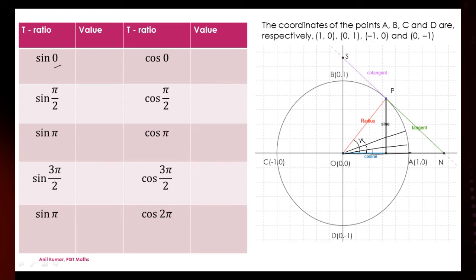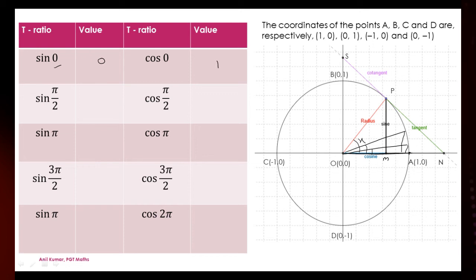So it will become sine 0. The value of sine 0 will be 0. While cos x, this OM, will be extended up to OA. This will become equal to OA, and the value of cos at angle 0 will be 1.